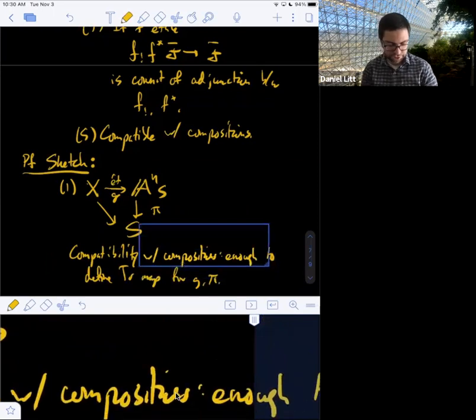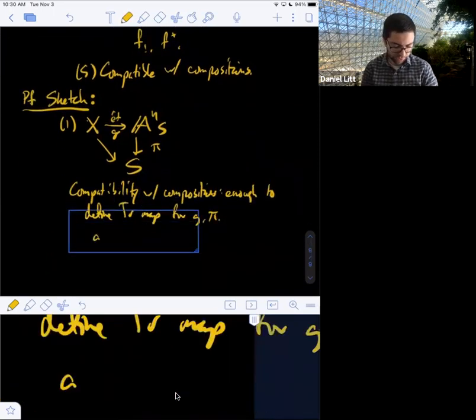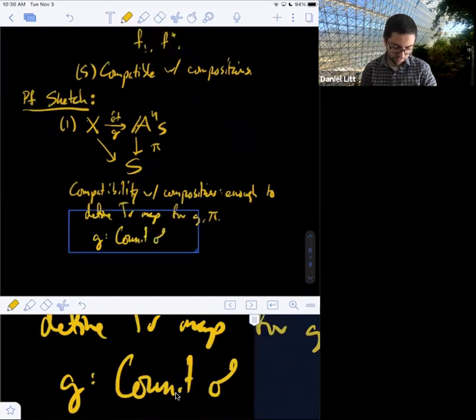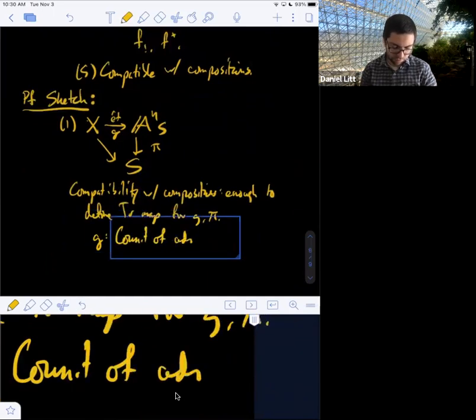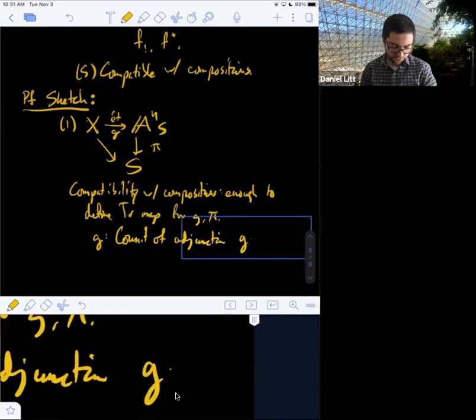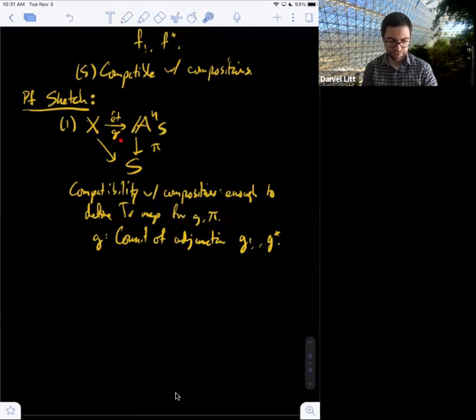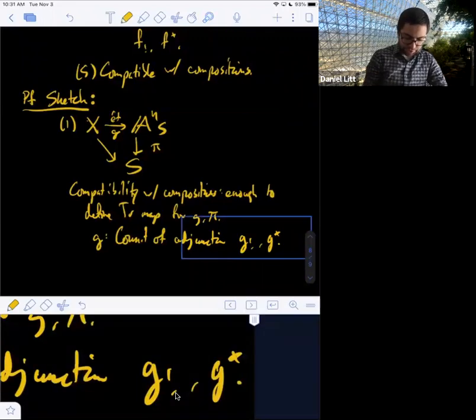So for G, we already said what it is. It's the counit of the adjunction between G lower shriek and G upper star. So here, this is because it's an Étale morphism. And now for pi, there's a little bit of subtlety.